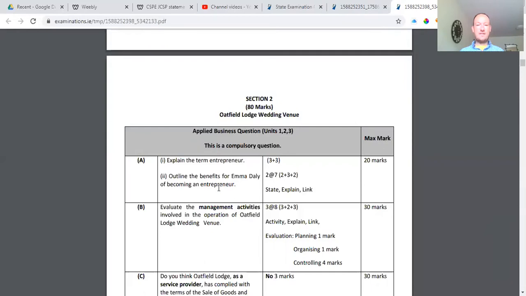Now, so it's saying 2 at 7. So you're looking at 2 major benefits here, and you're going to get 2 marks for stating what the benefit of becoming an entrepreneur is. You're going to get 3 points for explaining it, so you're going to get a point per sentence or per bullet point. That's why we're always saying state, explain with 3 bullet points, and then the link.